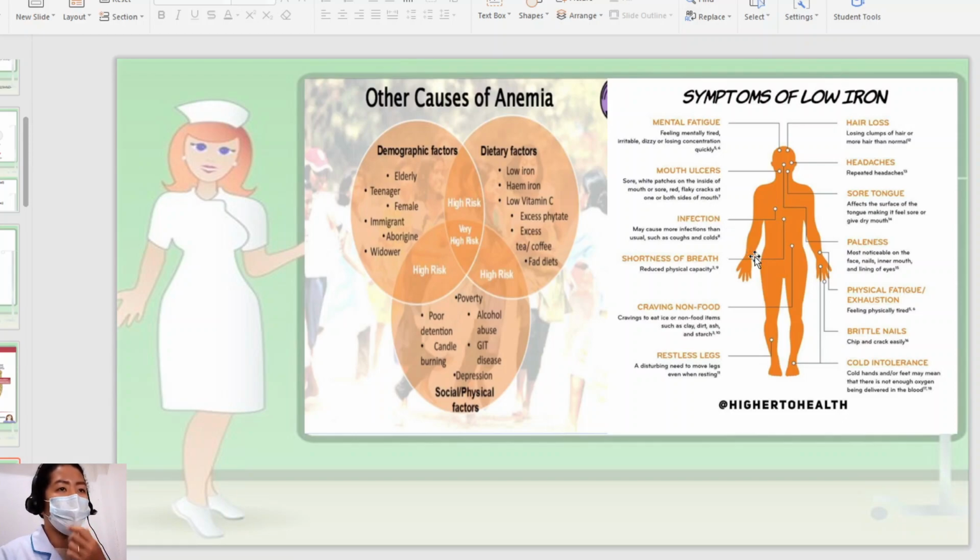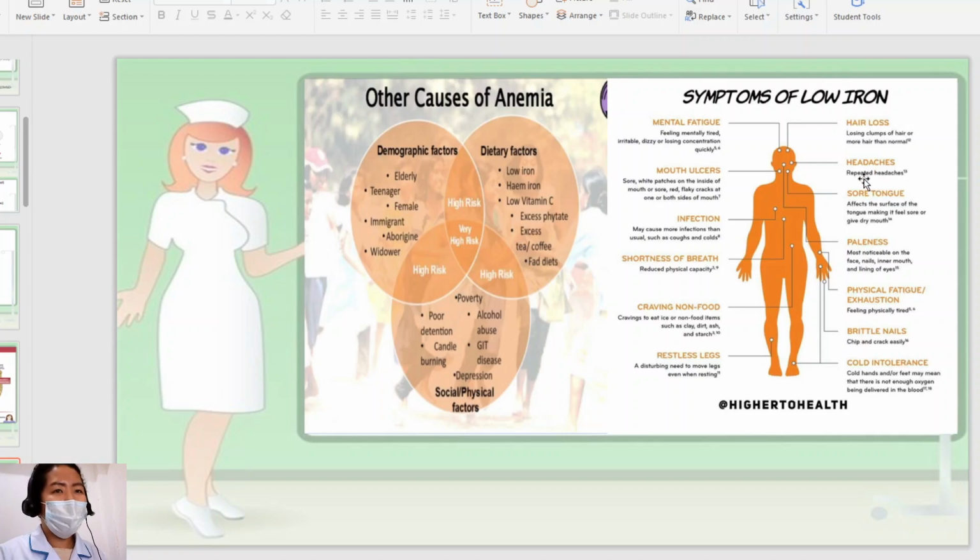Infection, you may get more infections than usual, such as cough and cold. Shortness of breath, reduced physical capacity. Craving non-food, cravings to eat ice or non-food items such as clay, dirt, ash, and starch. Restless legs, a disturbing need to move the legs even when resting. Hair loss, losing clumps of hair or more hair than normal.